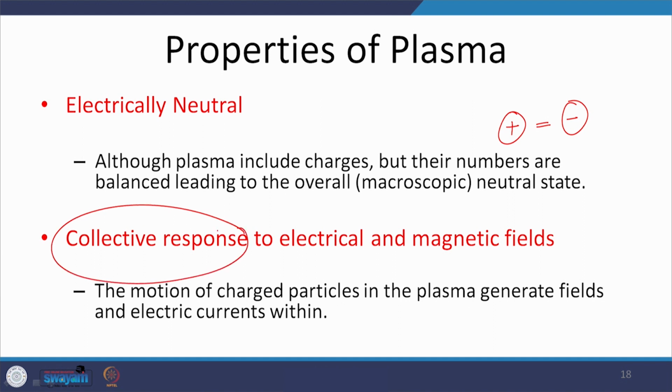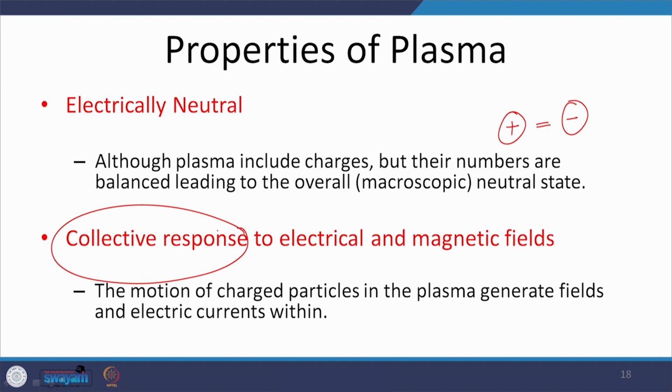What is collective response? Plasma as an entity, although it is a fluidic medium, will behave as a collective entity to the electric and magnetic field. We will try to understand what this collective response is and how we can derive some equations, but it is a very interesting phenomenon where we cannot treat it as a gas.